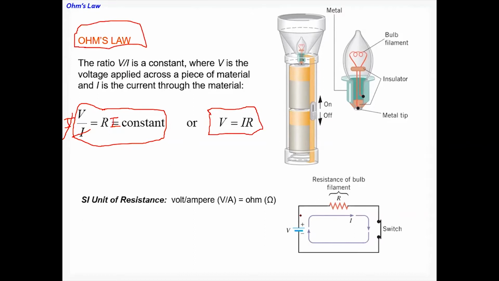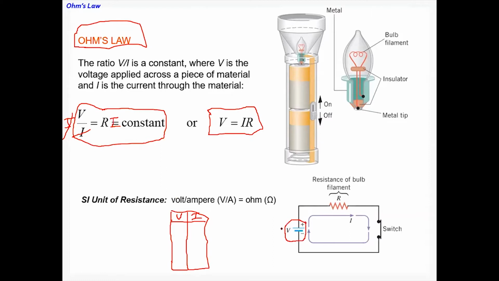So what you'll be doing in the lab is this. You'll make a chart like this, a table with V here and I here. By the way, you can change the voltage here.